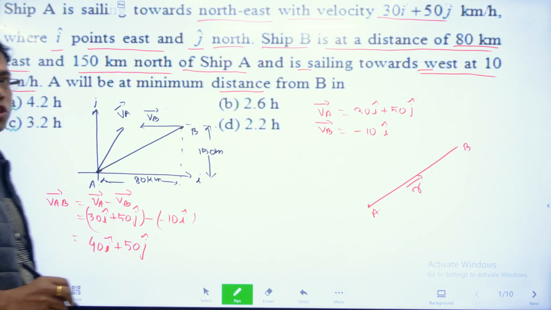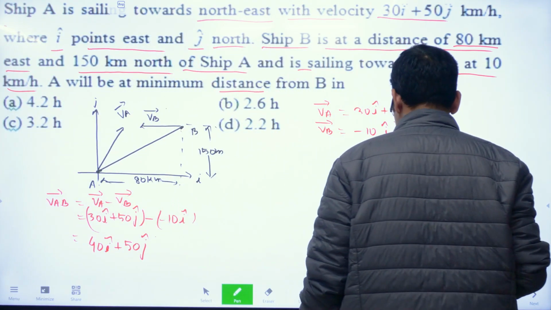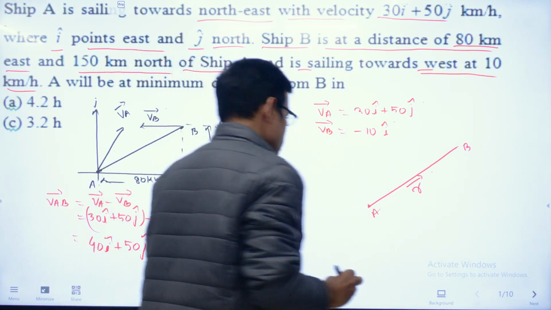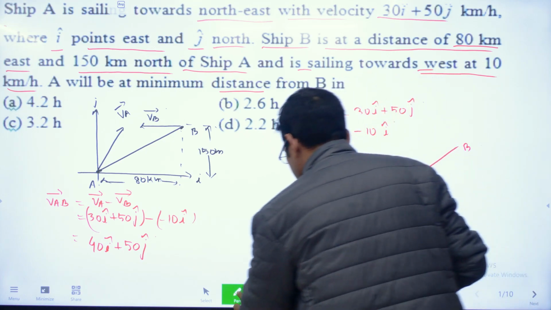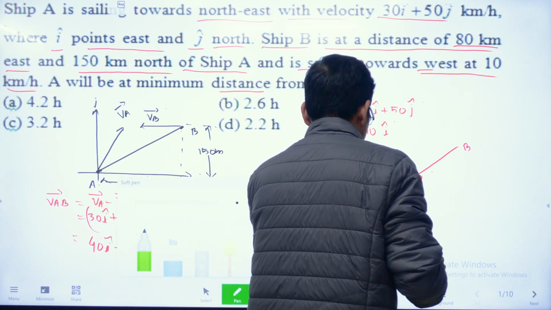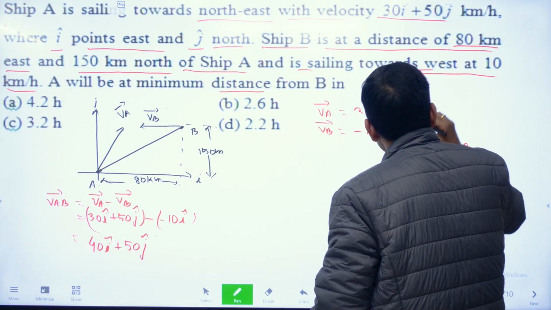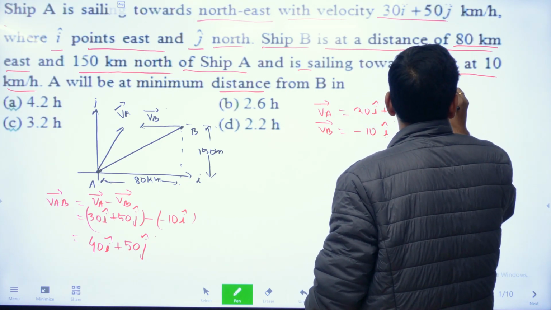So this is the relative velocity of A with respect to B. Suppose this is the direction of V_AB.